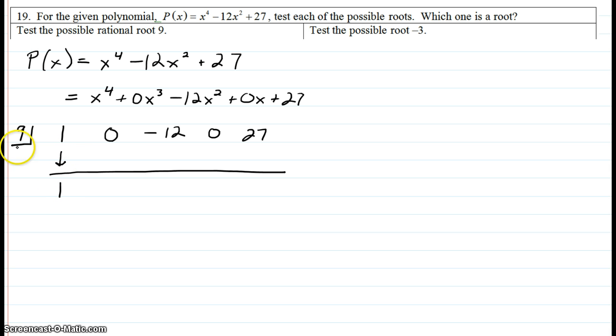Now multiply 1 times 9. 9 times 9 is 81. So we're going to get 69. 69 times 9, some number that I don't know off the top of my head. 621.